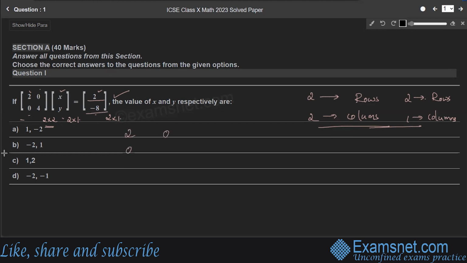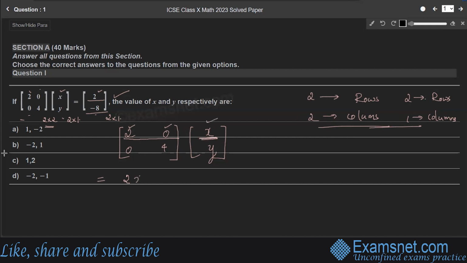2, 0, 0, 4 is multiplied by a matrix whose elements are x and y. Let us consider the first row, where the numbers are 2 and 0. First consider the first number 2, multiplied by the first element of the second matrix, which is x.